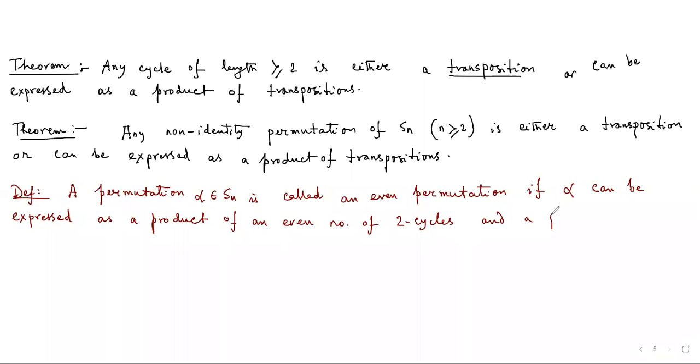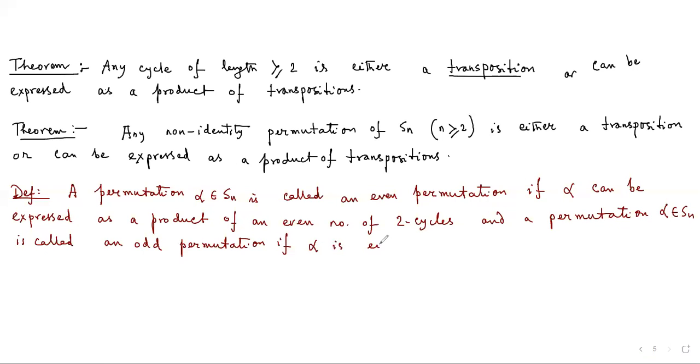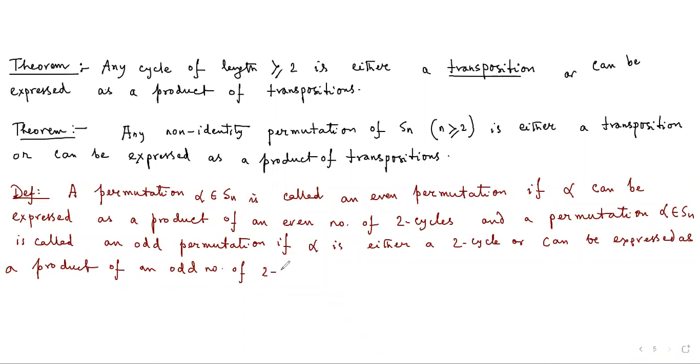And a permutation alpha belonging to Sn is called an odd permutation if alpha is either a 2 cycle or can be expressed as a product of an odd number of 2 cycles.